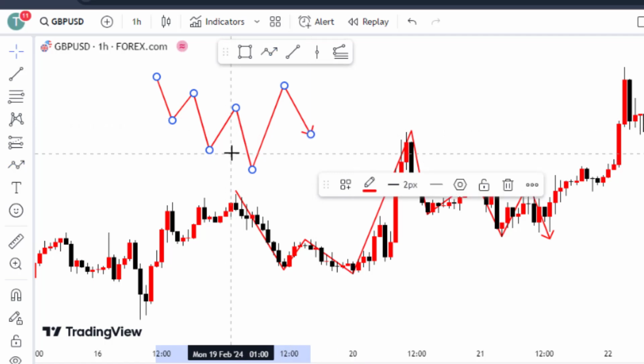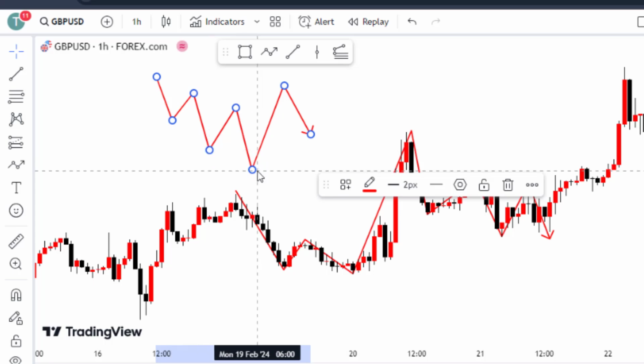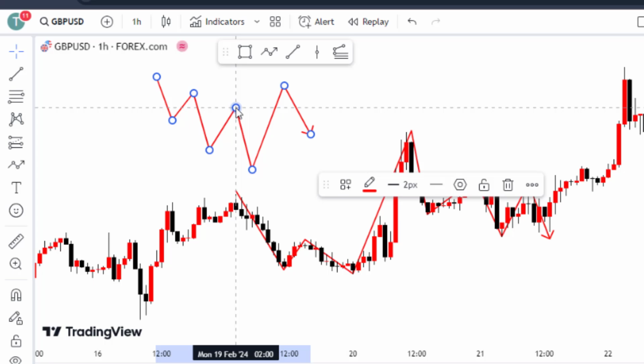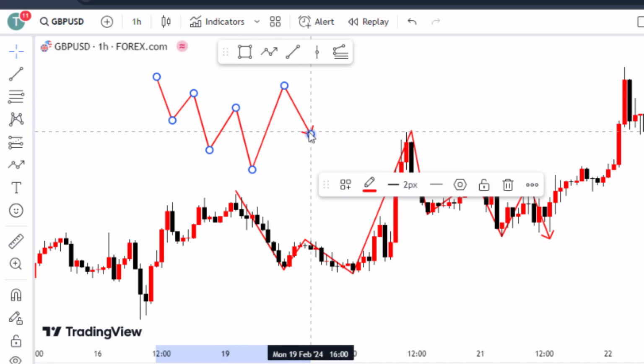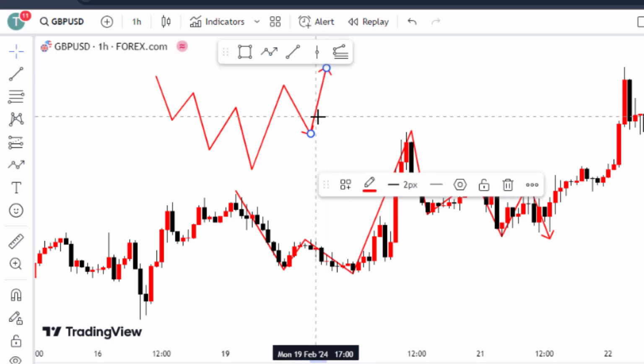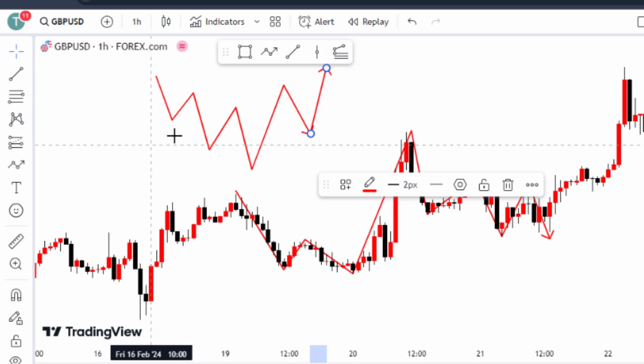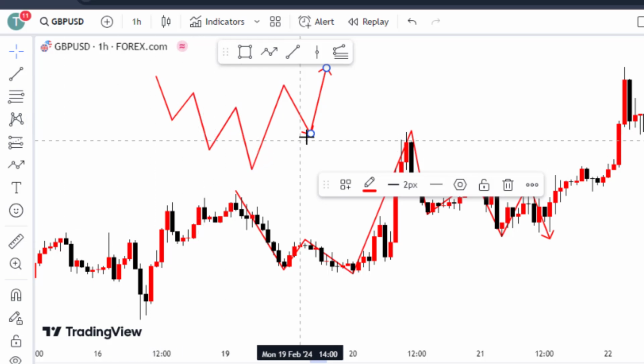This became a low. This became a low also, but price takes out this high. What do you wait for in this example? You wait for price to take out this previous high, which makes this the intermittent low.